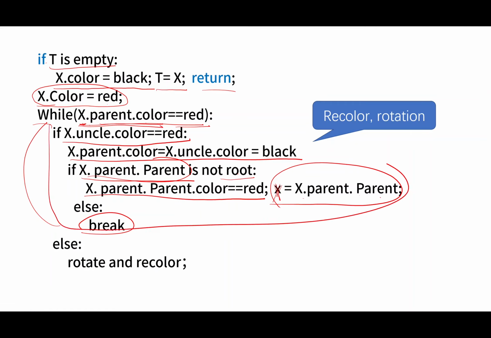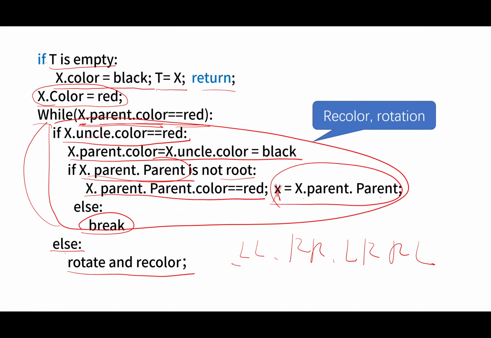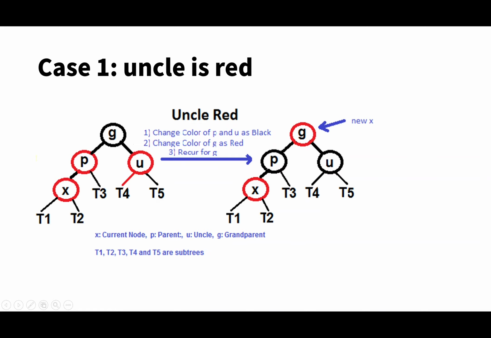This is a case, and another case, if the uncle's color is black, we should do a rotation, LL, RR, LR, RL for these cases, and do some recolor. We can see this figure.